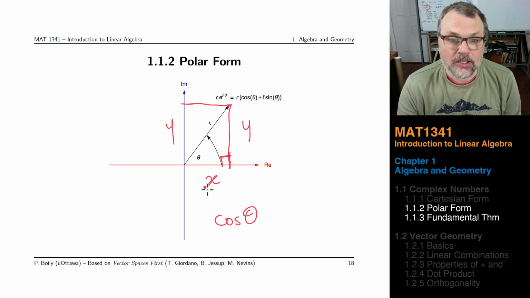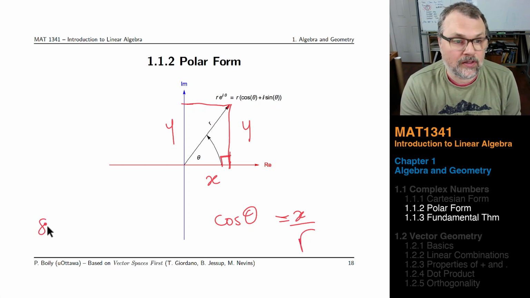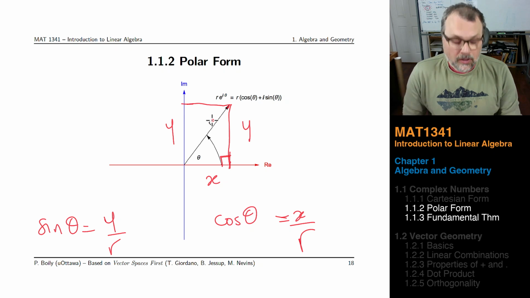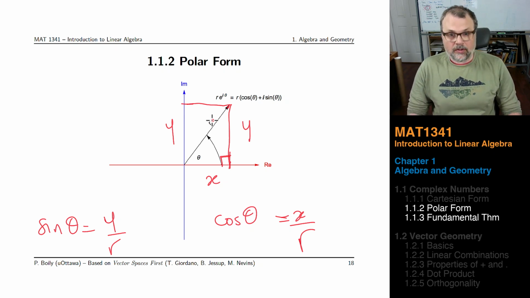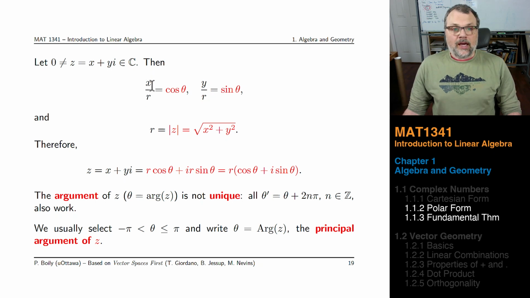Cosine of theta is the adjacent side to the angle, x, divided by the hypotenuse, which is r. And the sine of theta, you look at the opposite side, which is y, divided by the hypotenuse, which is r, the length of the triangle there. So we have formulas that link x, r, theta, and y.